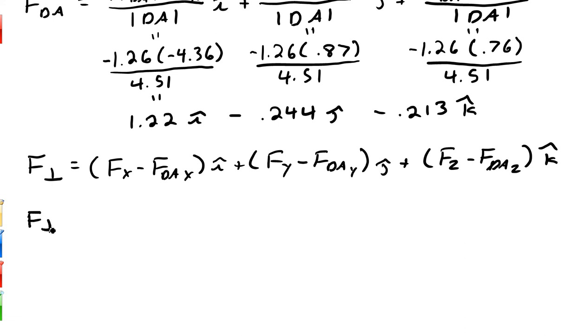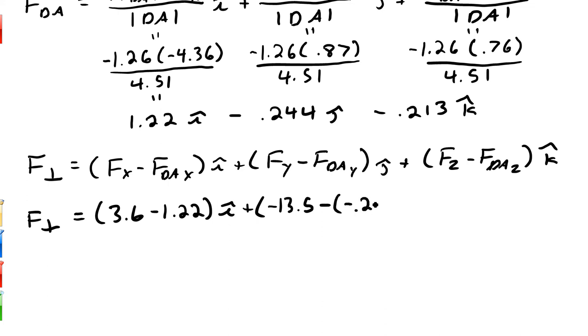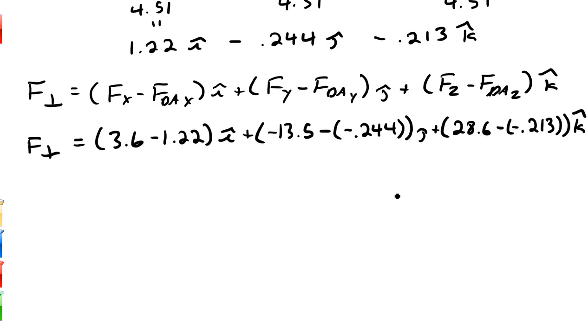So F perpendicular is equal to 3.6 minus 1.22 in the I, and we have a negative 13.5 minus a negative 0.244 in the J, plus 28.6 minus a negative 0.213 in the K. So do some simple addition here.